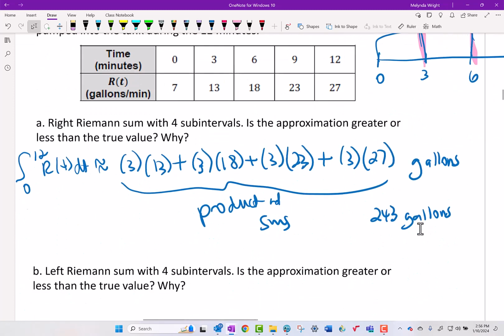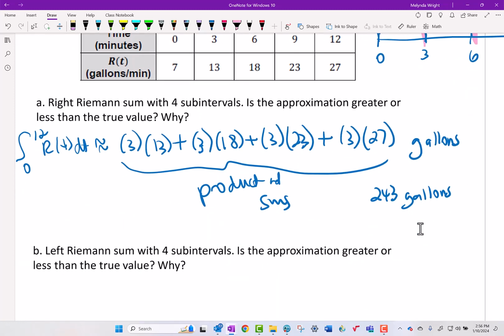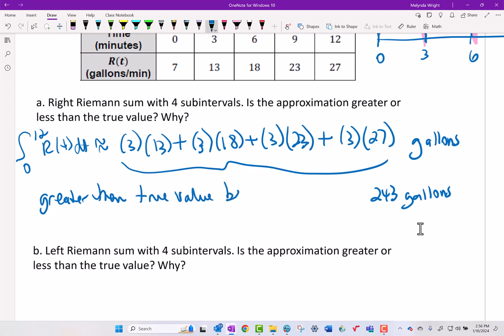So we're going to use the words they do. So we'll erase that product and sum. So it's greater than the true value because increasing functions and right Riemann sum.